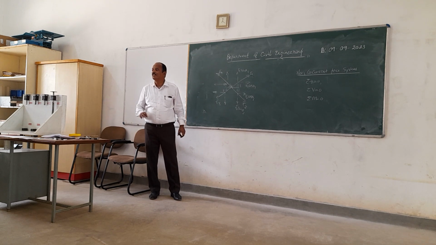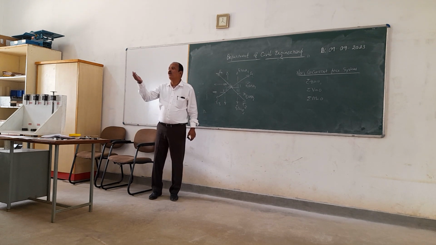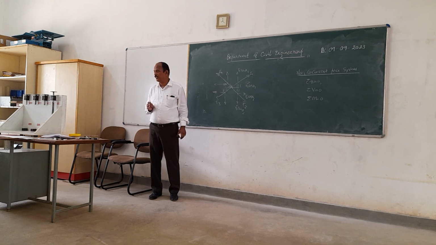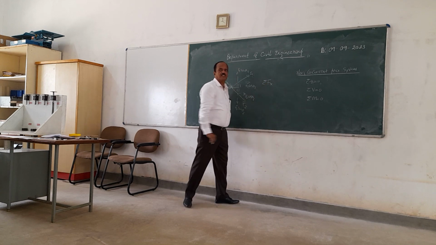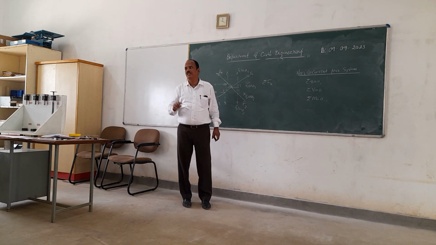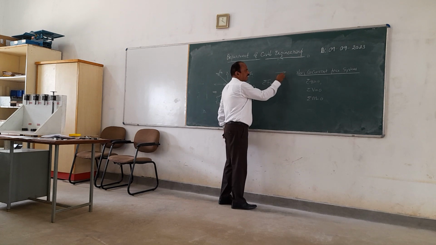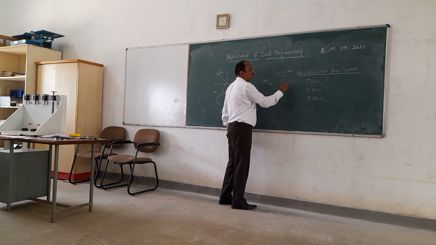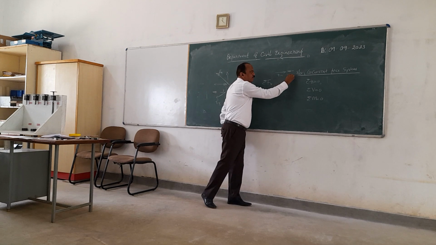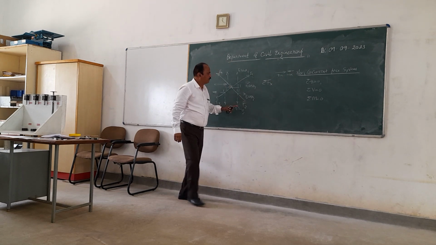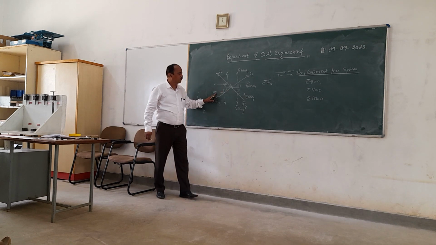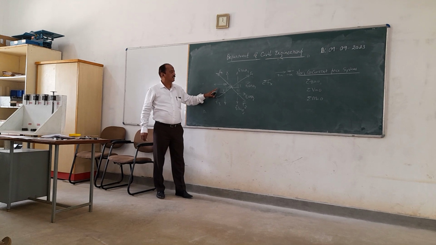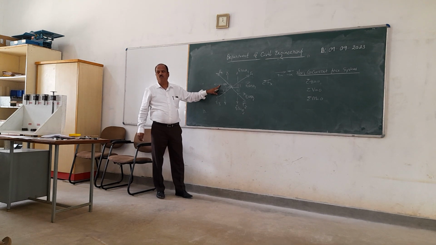The next step is to sum up algebraically all the x components with the proper sign convention, that is sigma Fx. Forces to the right we shall take as positive, and forces to the left as negative. That is F1 cos theta 1 plus F2 cos theta 2 minus F3 cos theta 3 minus F4 cos theta 4.